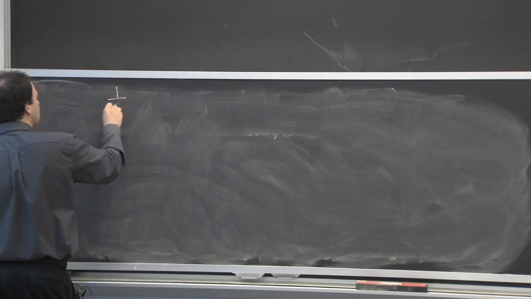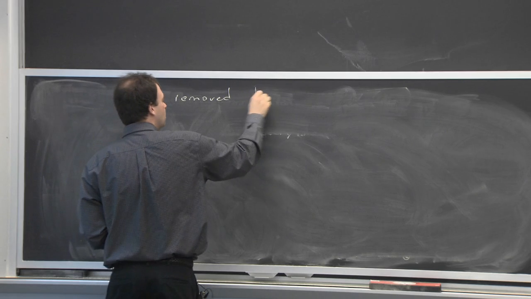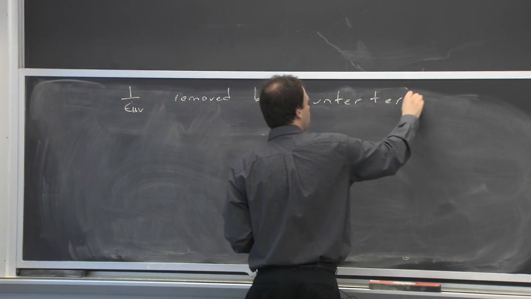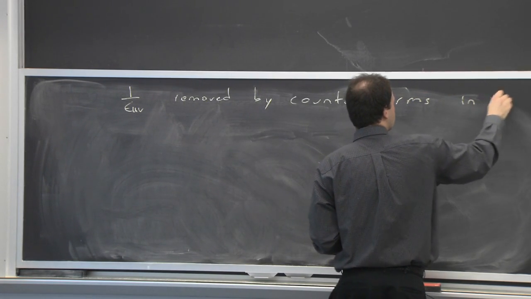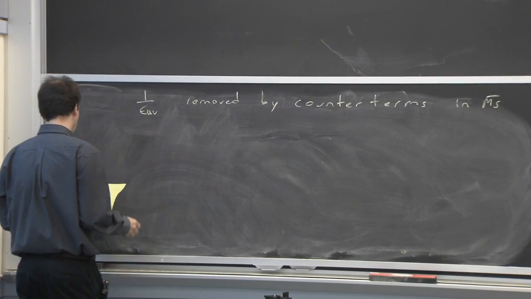So 1 over epsilon gets removed by counterterms, and there's no finite pieces left over. So just use MS bar, so you just strip off that exactly. And you're left with 1 over epsilon IR.